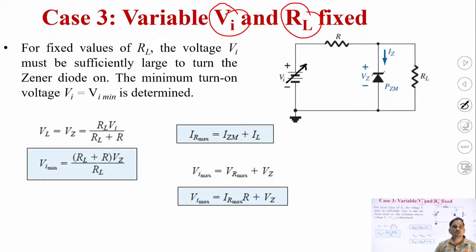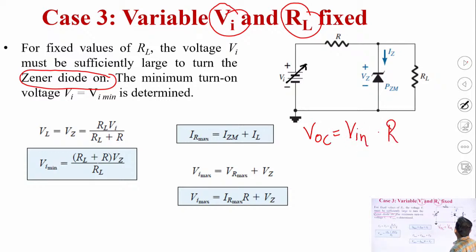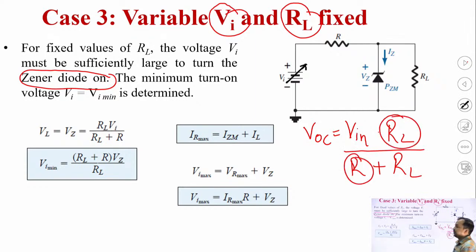If you have to find the range for input, we have to assume that the Zener diode has to be turned on. So VOC equals V input multiplied by RL divided by R plus RL. Since RL is fixed, R is also fixed.